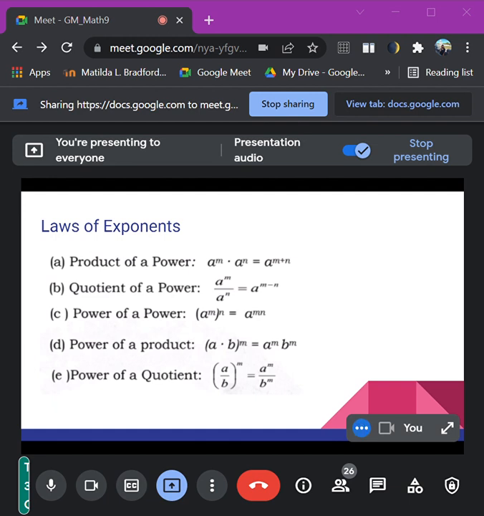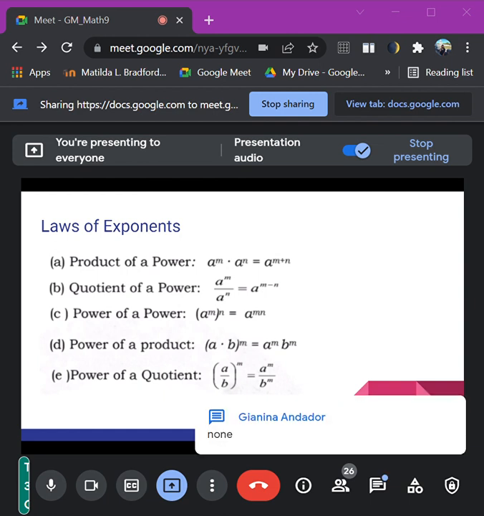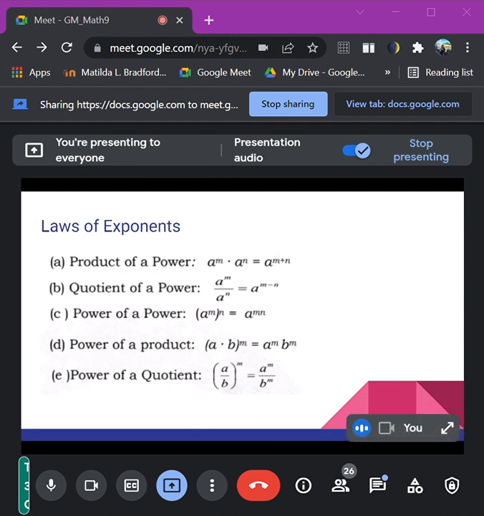Okay? So, any questions for the first law of exponents? Don't forget this because you will use it for a lifetime. You will use it a lot. Okay?